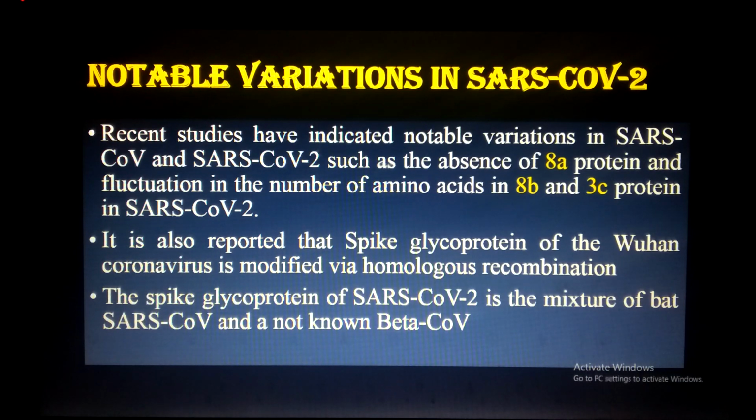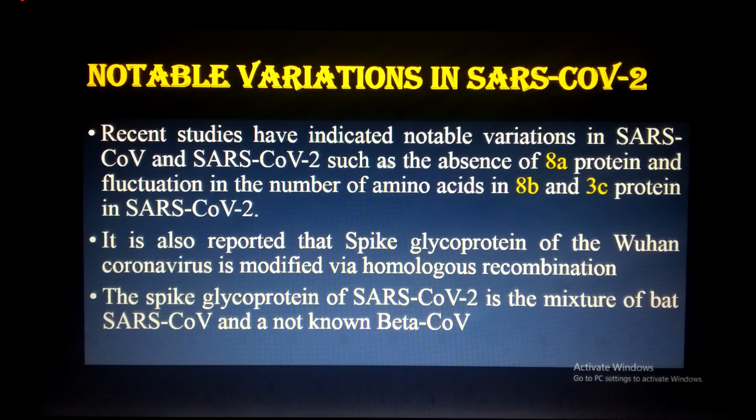Now, it is also reported that the spike glycoproteins of the Wuhan coronavirus are modified via homologous recombination. The Wuhan coronavirus means the SARS coronavirus 2. The spike, which is glycoprotein in nature, is modified by homologous recombination.